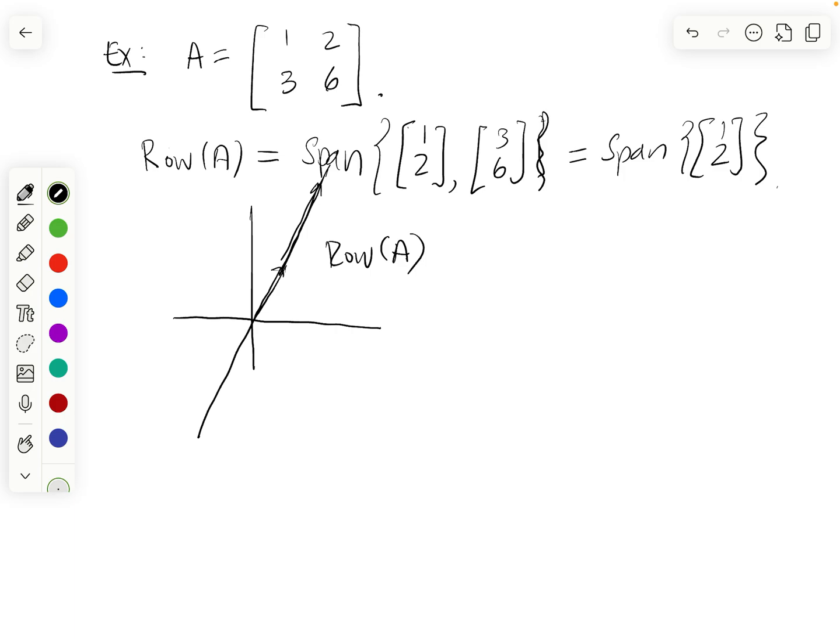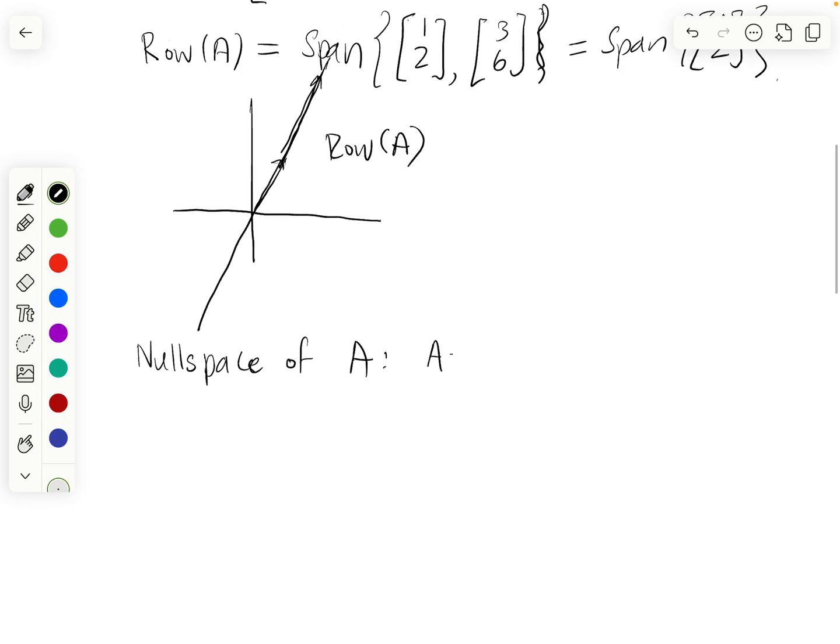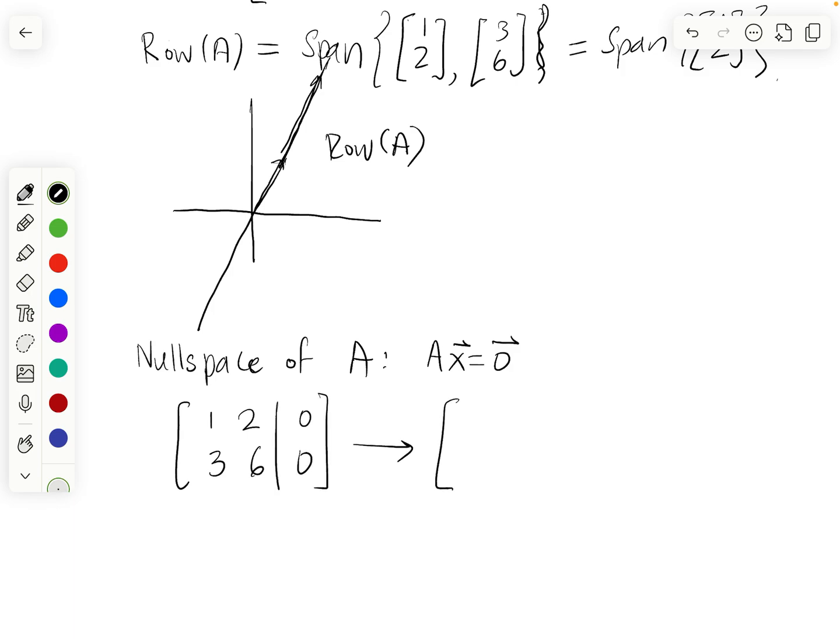Okay. What about the null space of A? So for the null space of A, remember what that means is all the solutions to AX equals 0. So we have to solve AX equals 0. And when you set up the augmented matrix, what happens is you're going to get a row of zeros on the bottom.